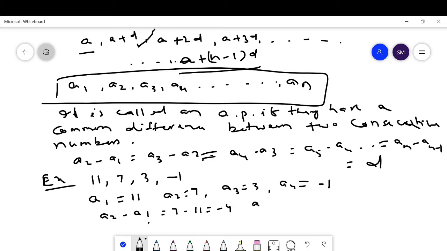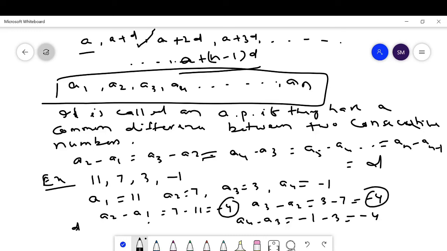A3 minus A2 is 3 minus 7, which is minus 4. A4 minus A3 is minus 1 minus 3, which is minus 4. Here the common difference D is equal to minus 4.